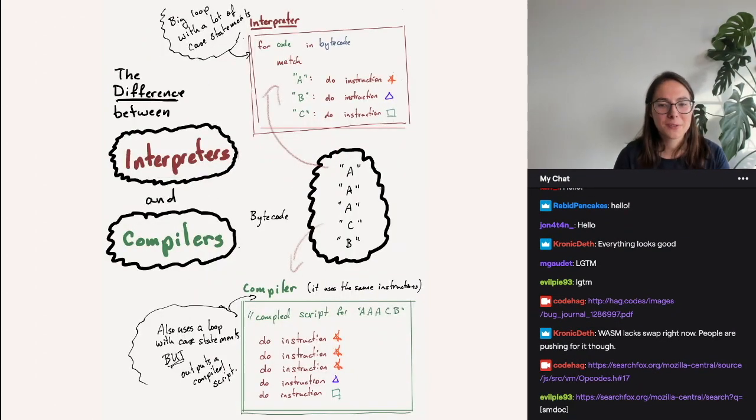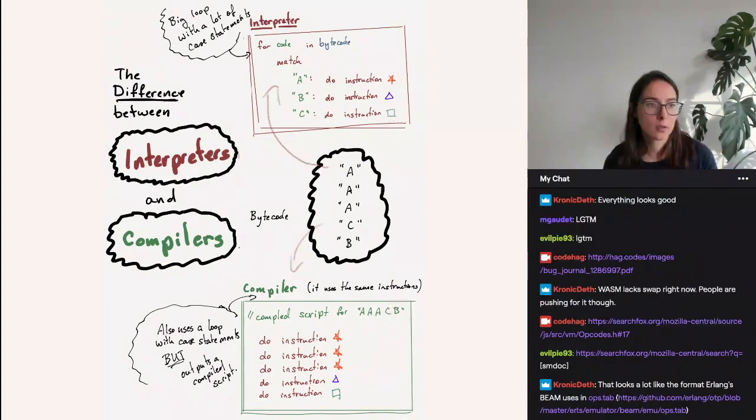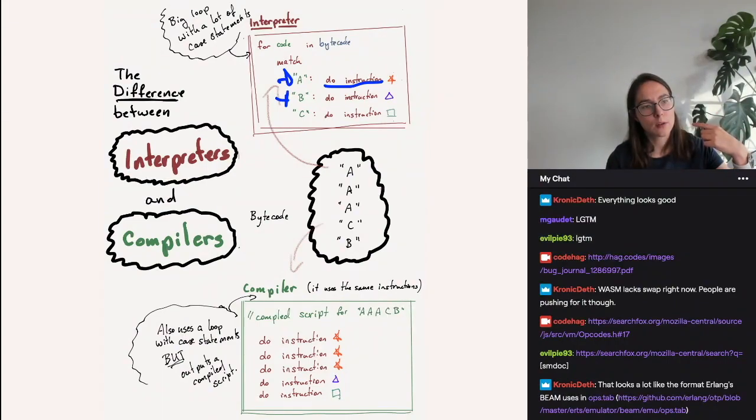We also talked a little bit about what's the difference between an interpreter and a compiler, actually. They do very similar things, they run code, but how do they do it? Interpreters look at each instruction and say, okay, I'm supposed to do A, so they do that instruction in whatever implementation language. In our case, it's C++. It loops through a giant for loop and asks, what's the current opcode?